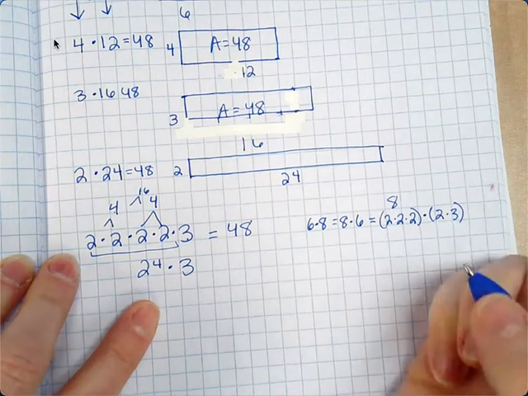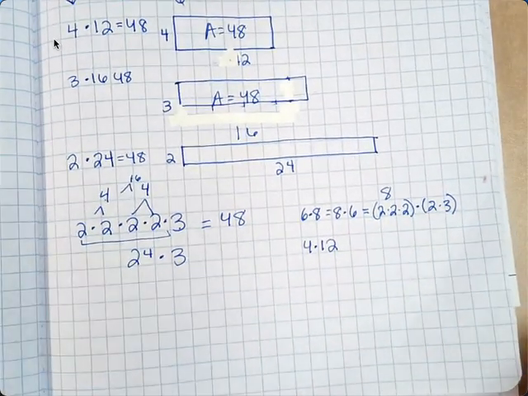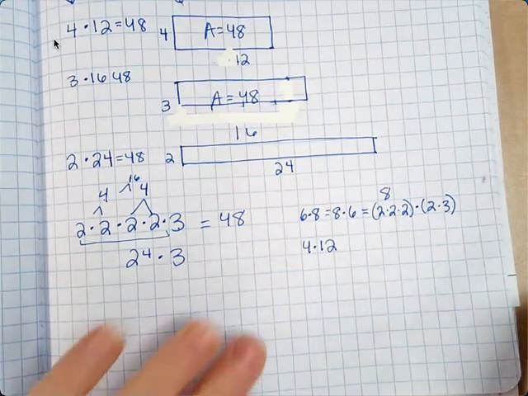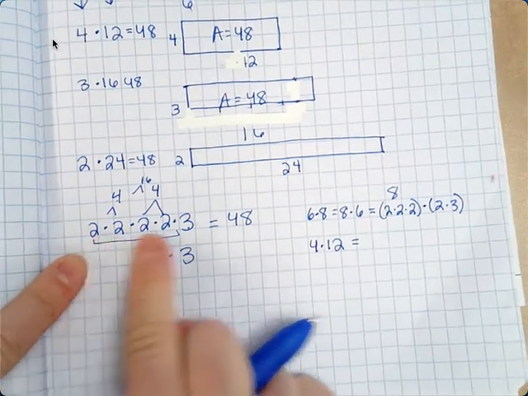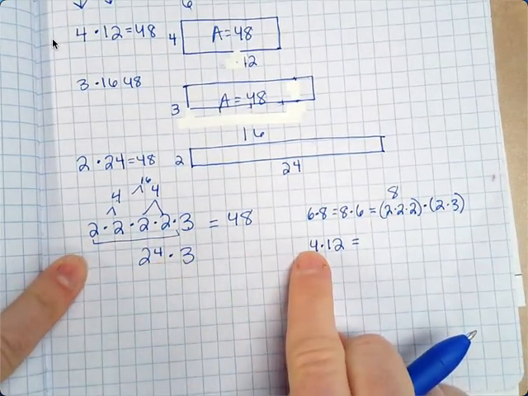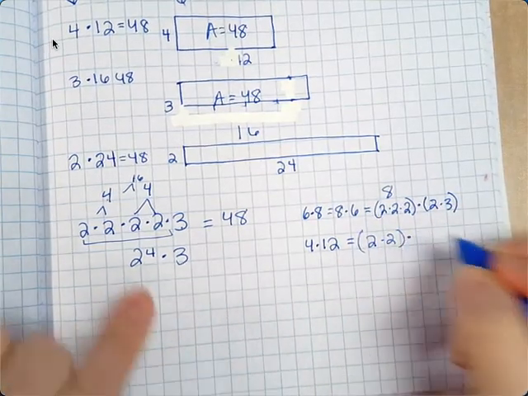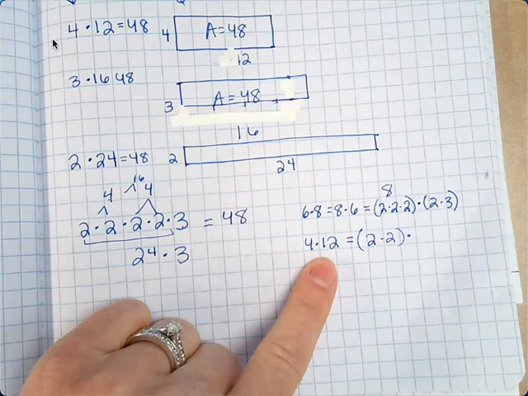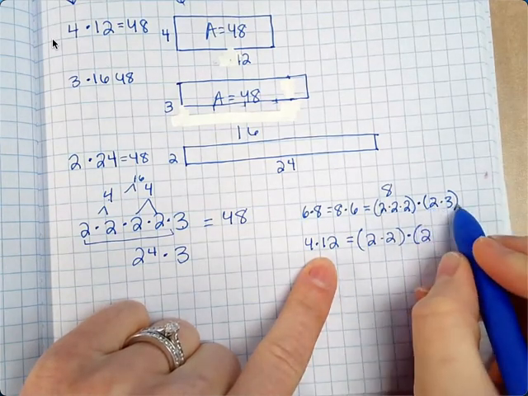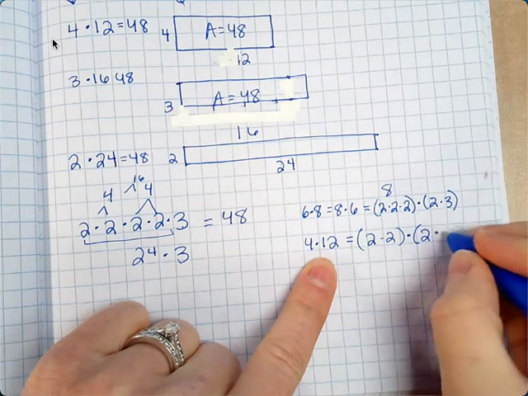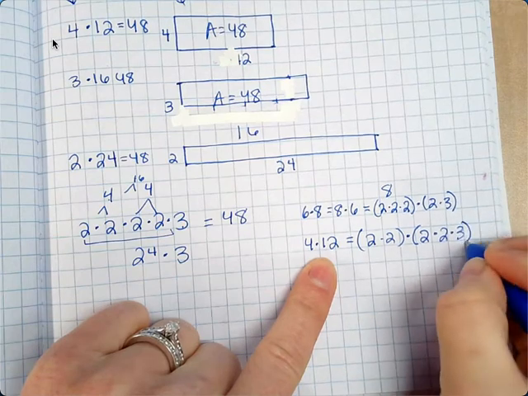Let's look at 4 times 12. Let's use the same 2 to the 4th times 3, but let's break it down. How do you get 4? 2 times 2. And then how do we get 12? 2 times 6, but we're going to break down 6 into 2 times 3. 4 times 3 is 12.